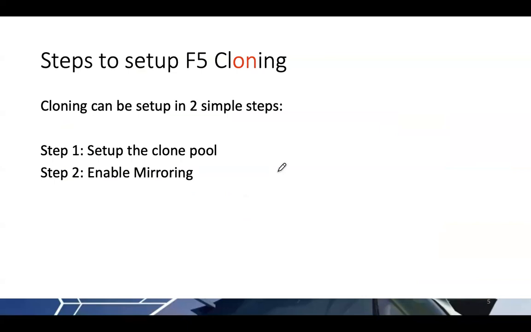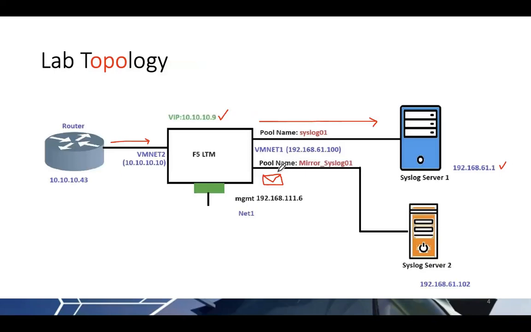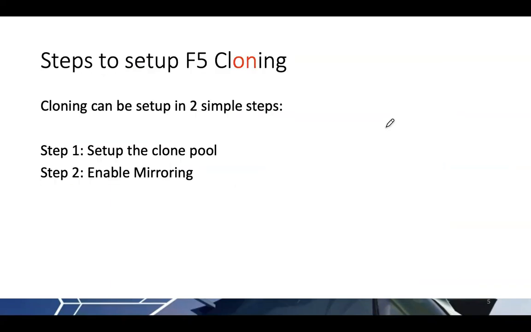Well, the configuration for the F5 is very simple, and I don't see any challenges with it. When I was testing this in my lab, the biggest challenge was building the syslog server and setting up the lab, but the configuration was super easy.